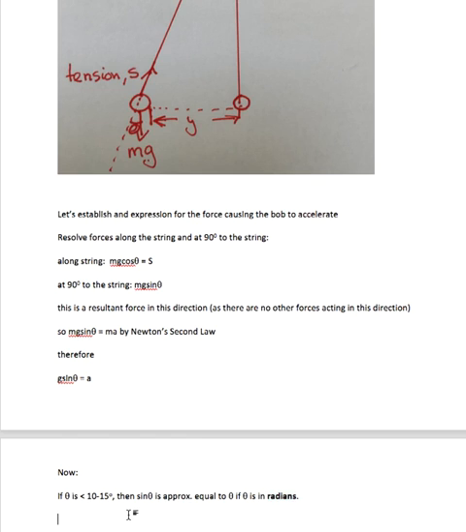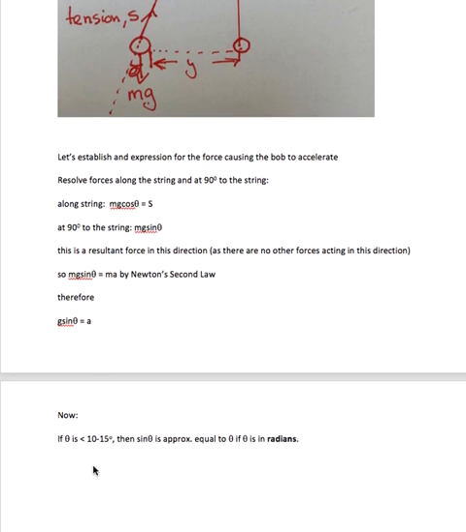So our expression then becomes a equals g theta in those circumstances. So in the situation where we have a small angle of displacement from the vertical, then with theta in radians, theta and sine theta have the same value.